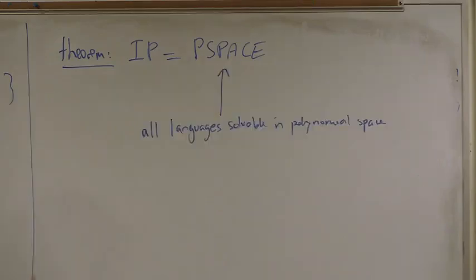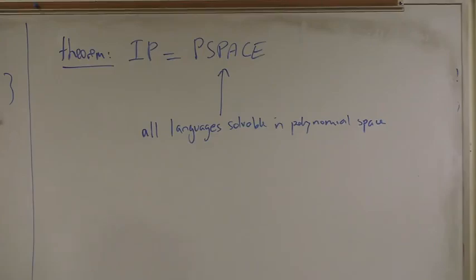Because it only had polynomial time to do things, its memory usage will never have been more than polynomial space. An exponential time algorithm may also use exponential space, but it doesn't have to.